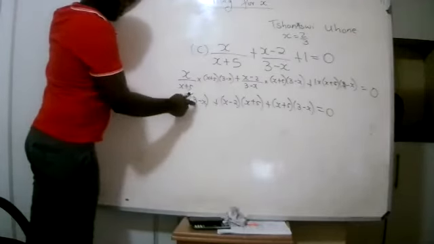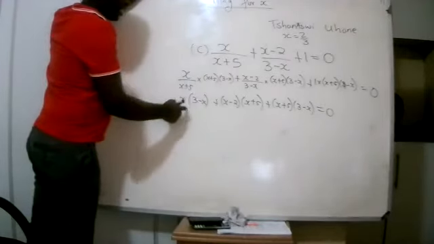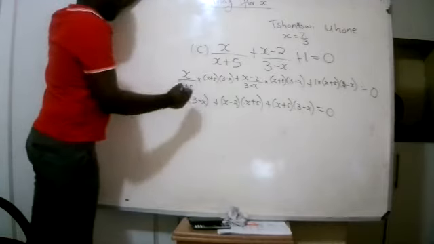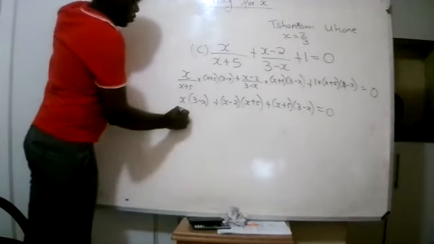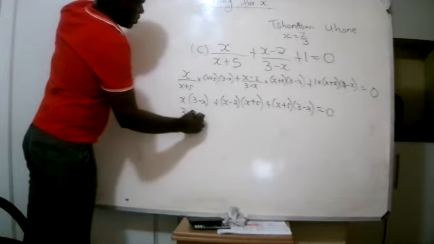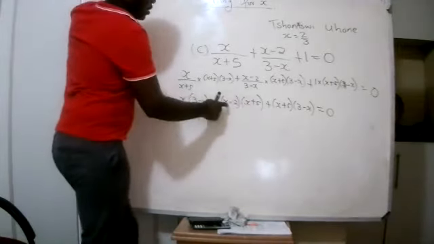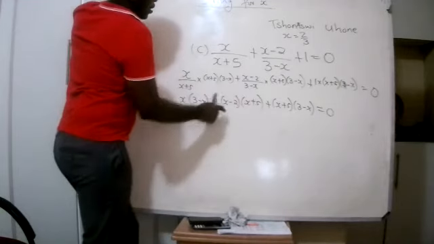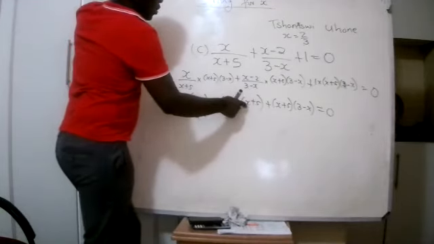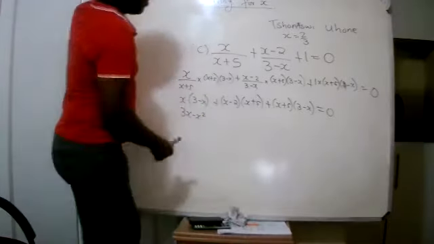And now let's find the product of these terms. So this x multiplies all terms inside the brackets. And if it multiplies terms inside the brackets, we're going to obtain 3x minus x squared. Then here we do the same. x multiplies with x and then multiplies with 5. Then after doing that, negative 2 multiplies with x and multiplies with 5.